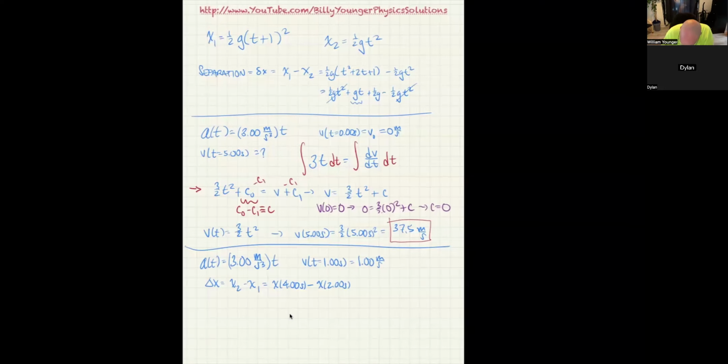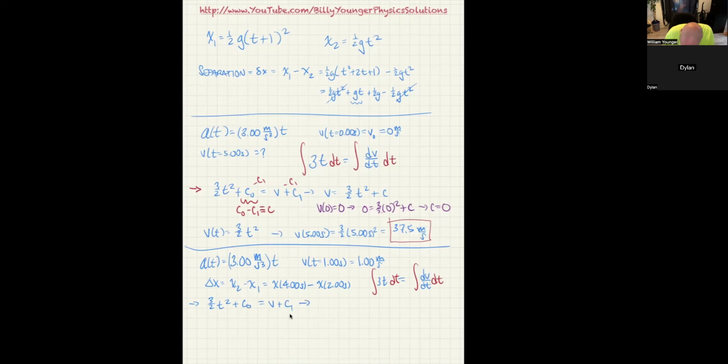So again, I'm going to start with the idea that 3t is equal to dv/dt. Multiply by dt on both sides, and then integrate both sides. And this is going to give me 3/2 t squared plus c0 is equal to v plus c1.